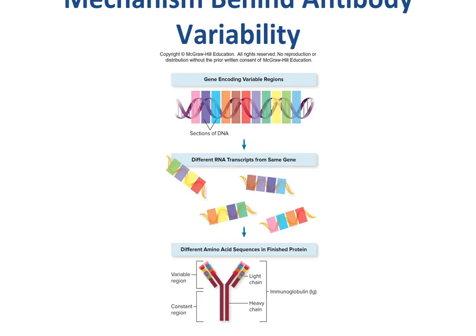Because the gene code for antibodies can be assorted in different ways, many variants can be generated even from the same germline DNA. The assortment of the RNA transcript can generate different amino acid sequences, causing a huge diversity of antibodies.